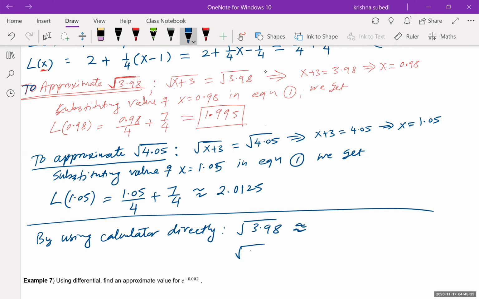And square root of 4.05, how much do you get? Can somebody tell me what you get? The same values. Approximately the same, right? Yeah.